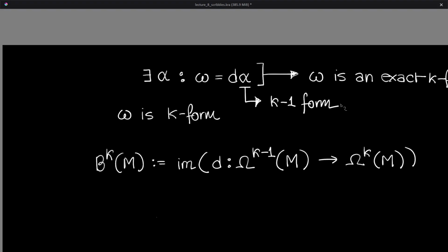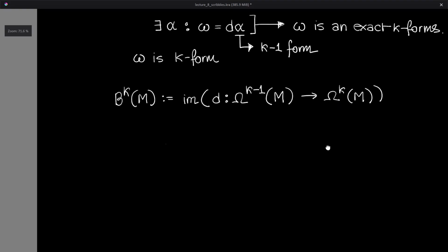Then, in order to get the image, we would need to take all the k minus 1 forms that we have on the manifold. Each of them would give us a valid exterior derivative, and that would give us an exact k form. So the image of the exterior derivative on the k minus 1 forms must be the set of all exact k forms. That's why we have this definition over here.